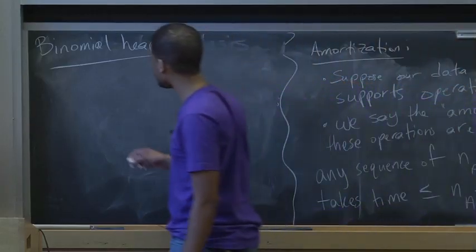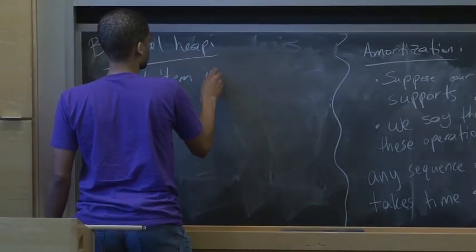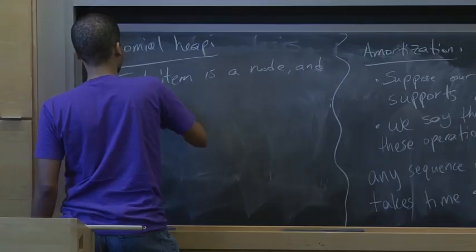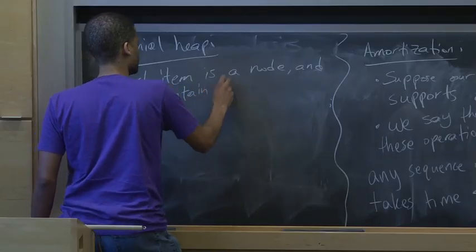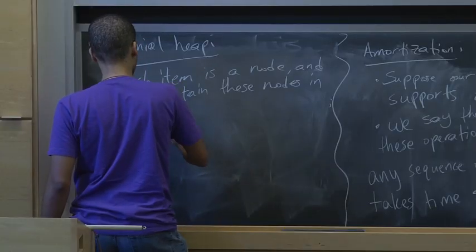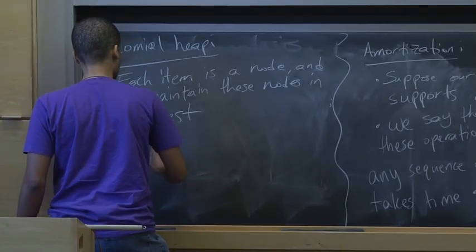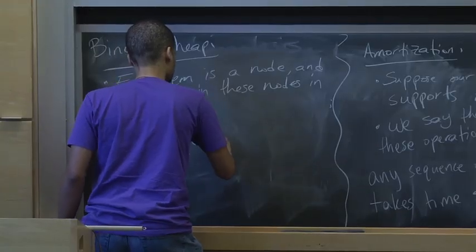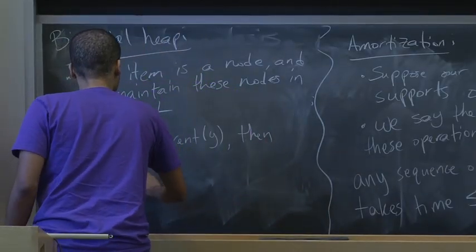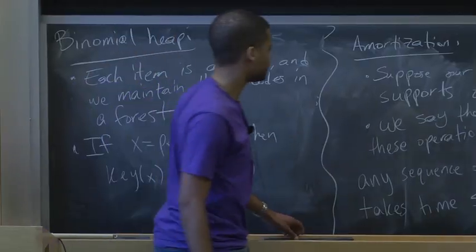So each item is a node, and we maintain these nodes in a forest. Also, if x is the parent of y, then the key of x should be at most the key of y, just like in binary heaps.